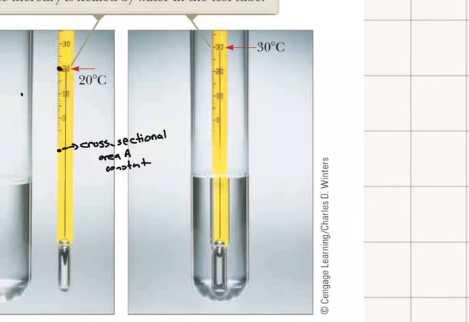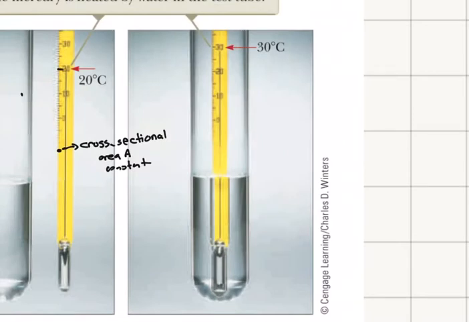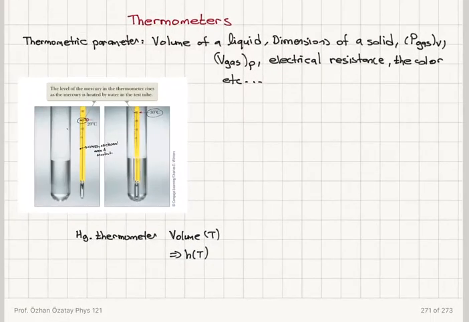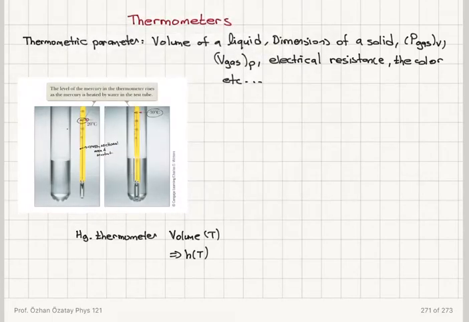So you can see here we can get a reading of the temperature by looking at the level the mercury column reaches. For example, here it is 20 degrees Celsius. Here it is 30 degrees Celsius.